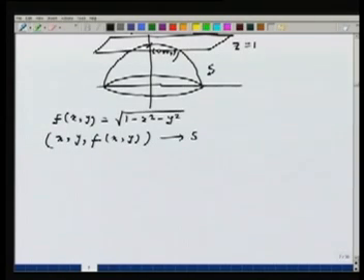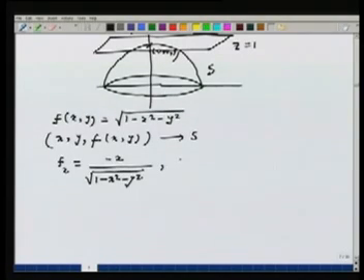Okay. Now if I want to calculate the tangent plane at 0, 0, 1, I can use my previous formula. For that, what I will need are f x, that turns out to be minus x by square root of 1 minus x square minus y square.